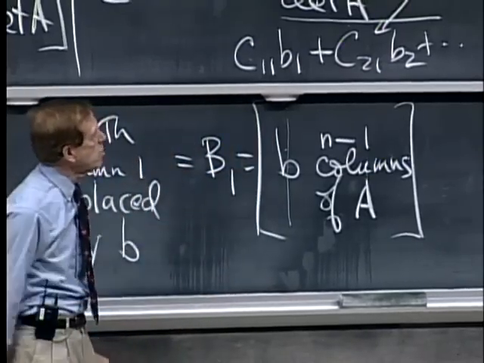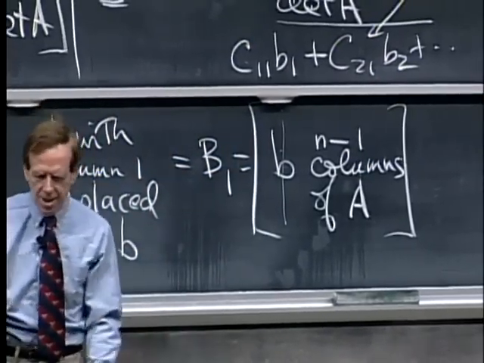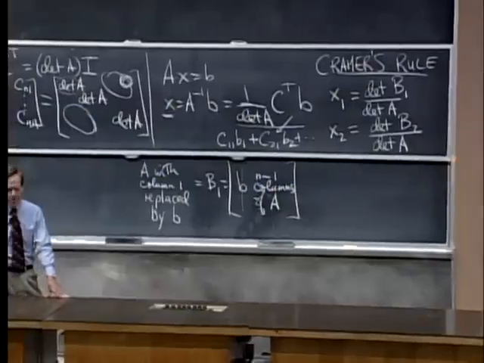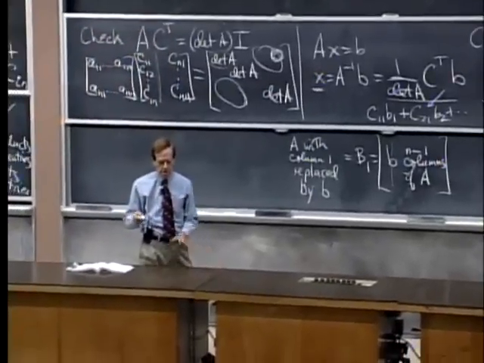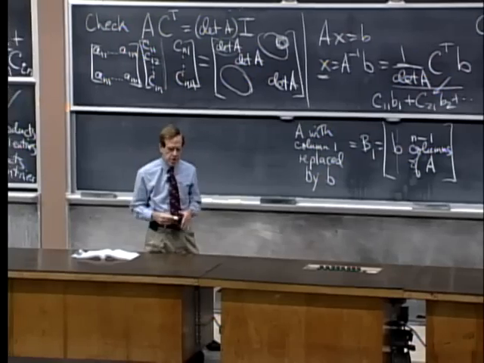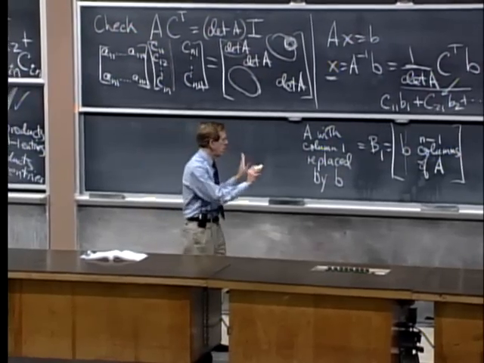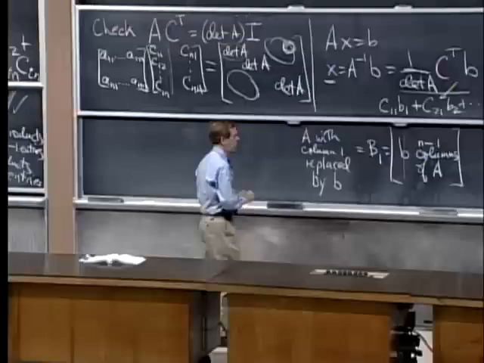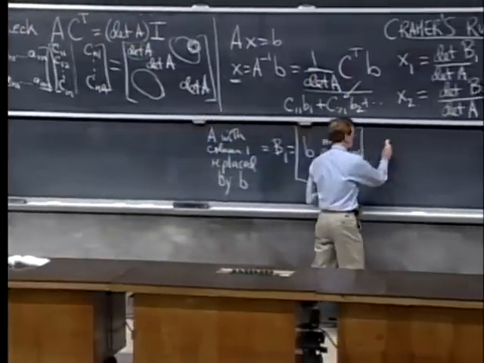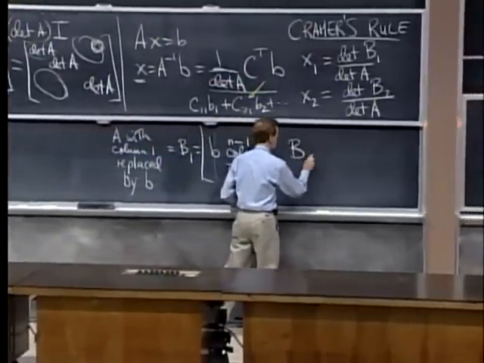So there's Cramer's rule, and the book gives another kind of cute proof without building so much on cofactors. But here we've got cofactors, so I thought I'd just give you this proof. So what is B, in general, what is Bj?